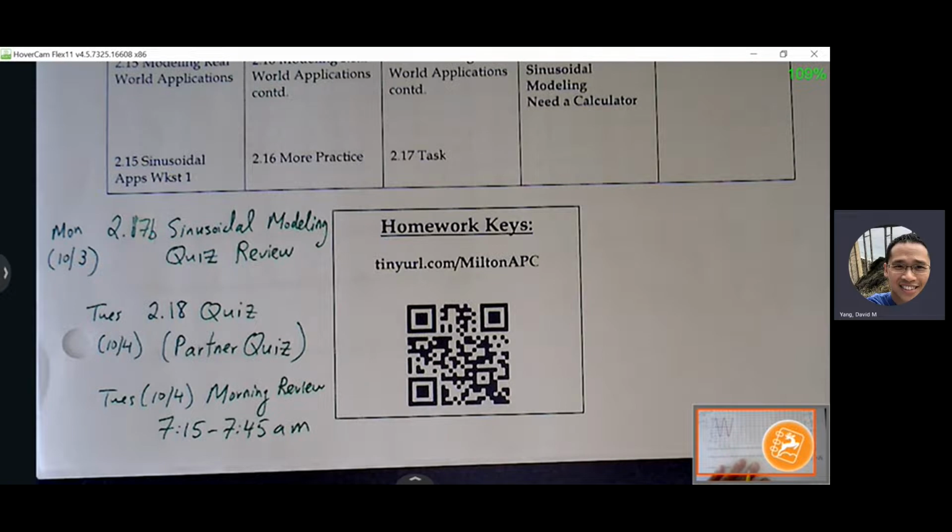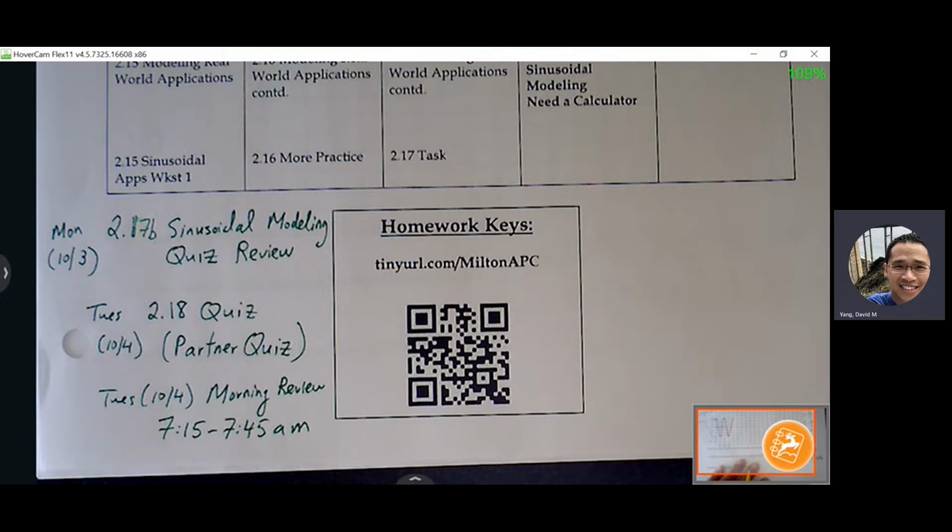I will try to organize it so that everything is evenly spaced out. But if you just want to work on your own without having to work with someone else, you're welcome to do that as well. You don't have to work with a partner, but there's that option to talk through some problems if you have any questions. Tuesday morning, I have a meeting at 7:45, but I will have a morning review going over that quiz review that you just picked up, if I don't have time to go over it on Monday.